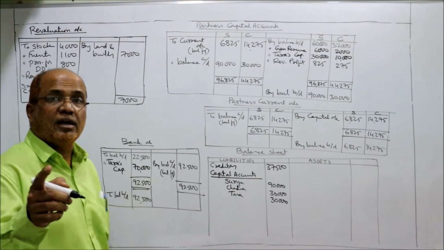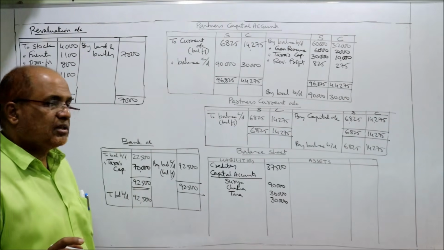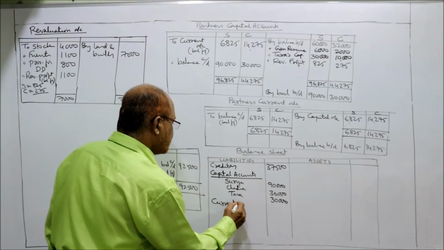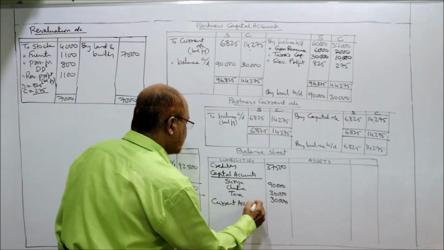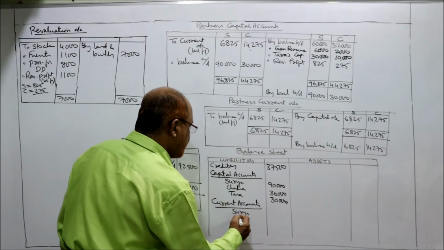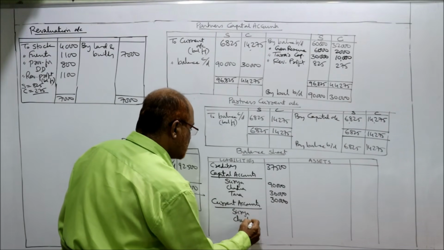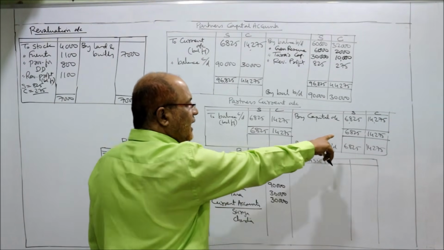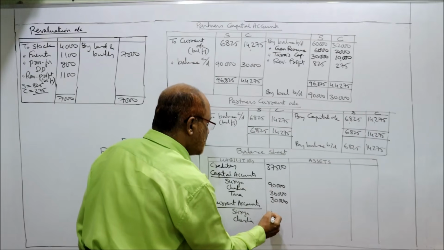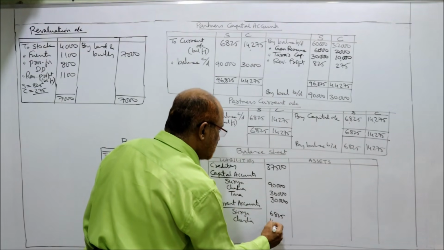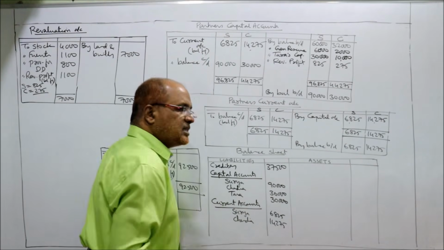Tara is the new partner, they have brought 30,000. Now current account: Surya and Chandra. We don't have a current account of Tara. Only Surya and Chandra, the excess amount we have taken in current account. 6,825 and 14,275. That's it.